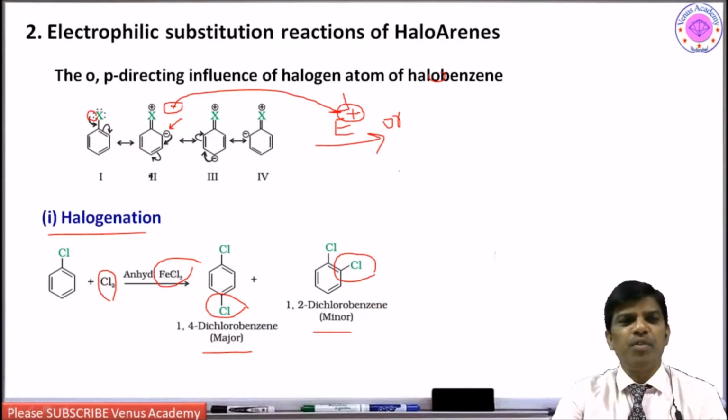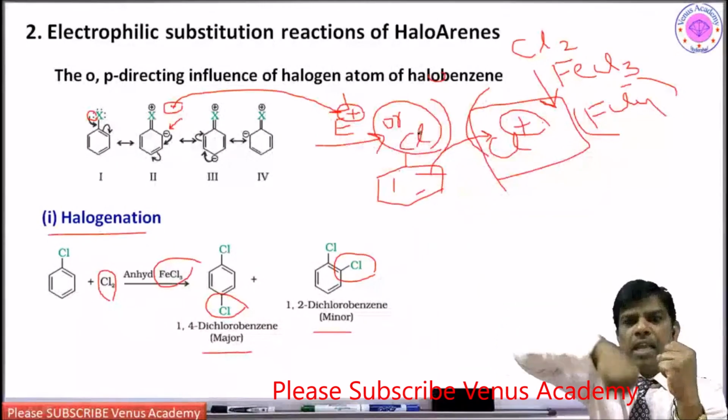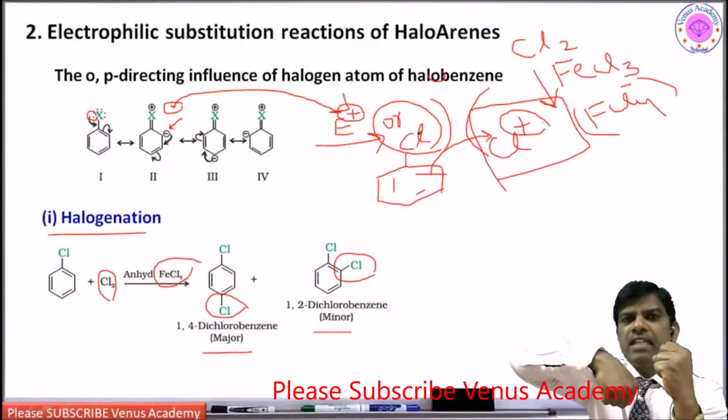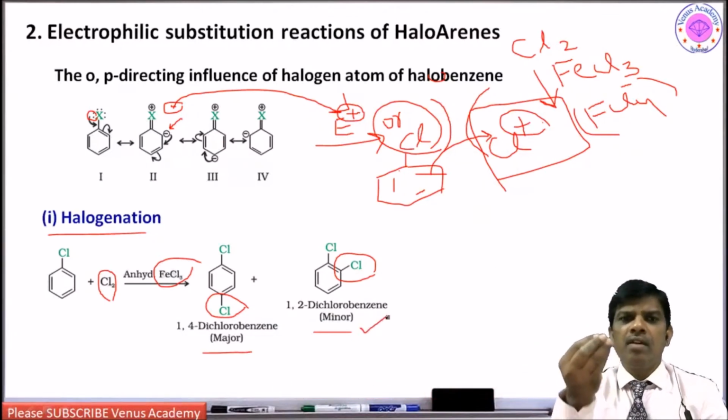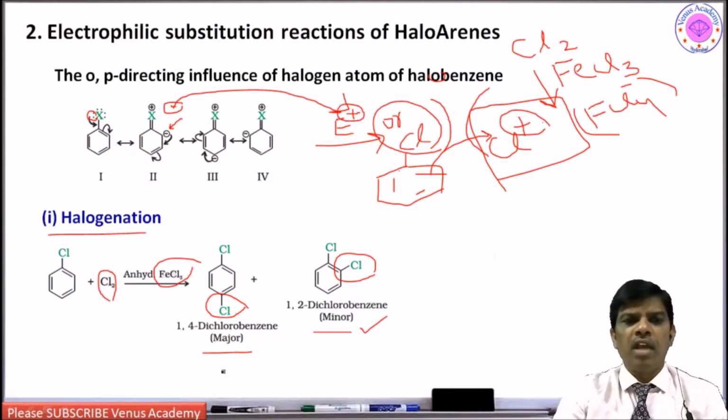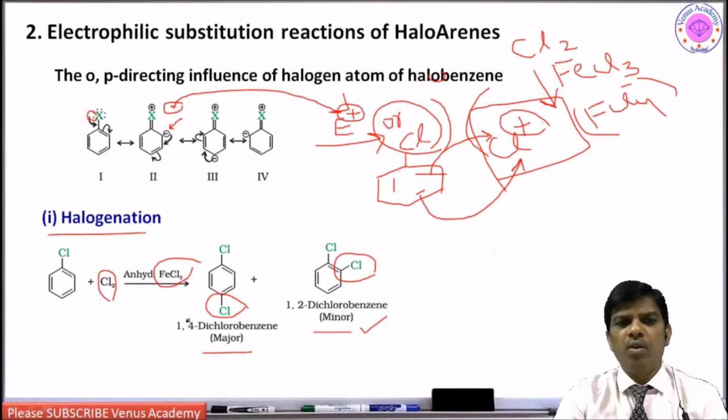It is very simple, students. Since it is a chlorine group, it is very tough for the incoming chlorine to approach the ortho carbon. That is why, though it is forming, it is minor, meaning you get a very small percentage of the ortho product. But the para position can be attacked very easily. So para-dichlorobenzene is what we are going to get.